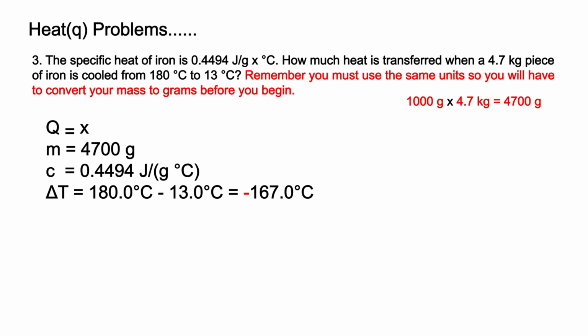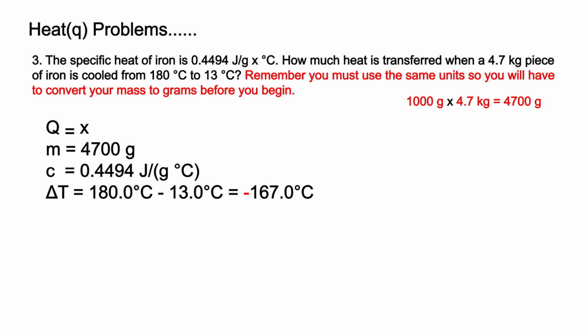And C, the specific heat of iron, is 0.4494 joules per gram. Delta T is equal to 180 Celsius minus 13 Celsius, and we will have negative 167. Why? Because we are losing temperature, so we lost about 167 Celsius.